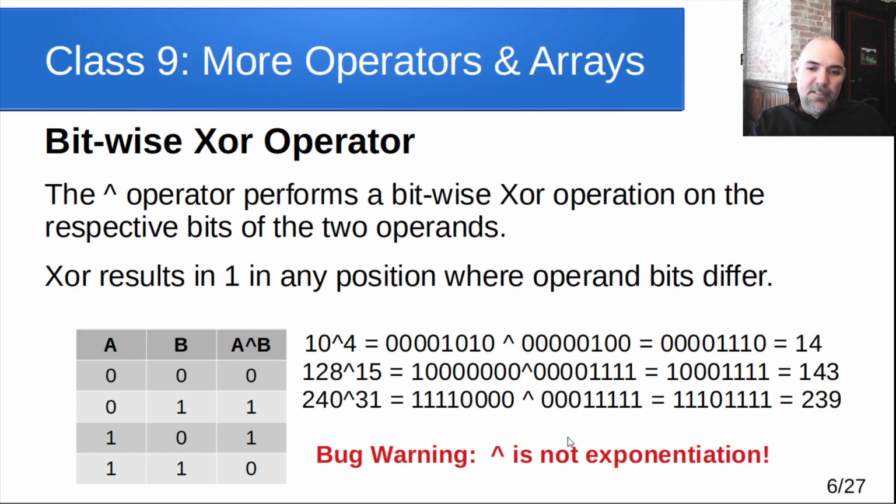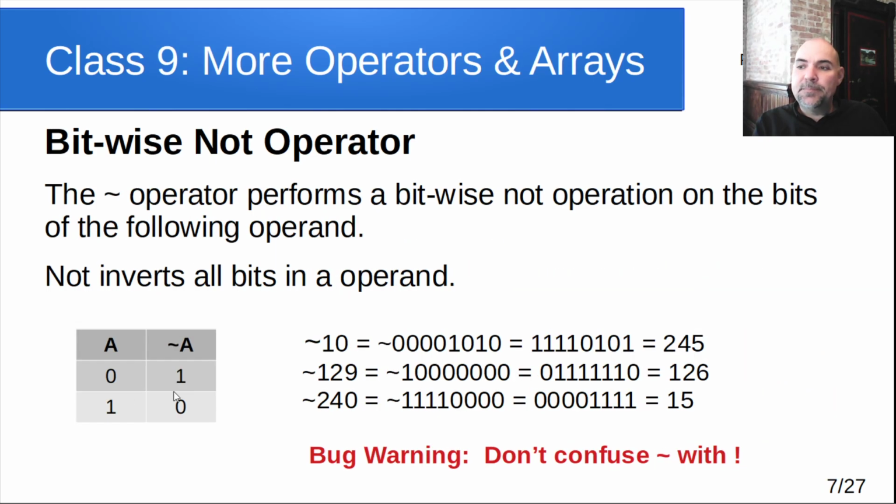In this case, the thing not to mix up that caret operator with is exponentiation. So if you do 2 raised to the 10th power, there is no exponentiation operator in C, but it'll let you do 2 caret 10, but you're not going to get what you think you're going to get if you think that that's exponentiation. So just be cautious about that. And again, there's the truth table for XOR.